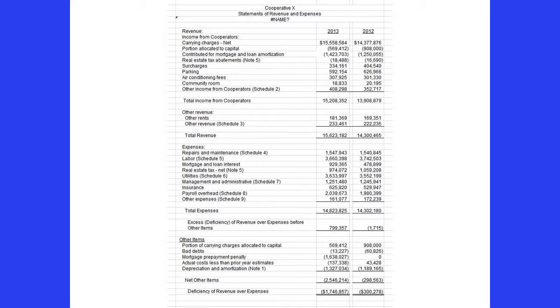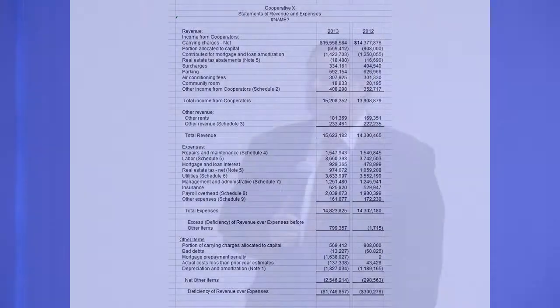So that's the reason why the item for the mortgage interest and the portion allocated to capital are minuses here. They're in the monthly common charges, but they're designated for the mortgage payment, and they're designated to be put into the reserve fund.